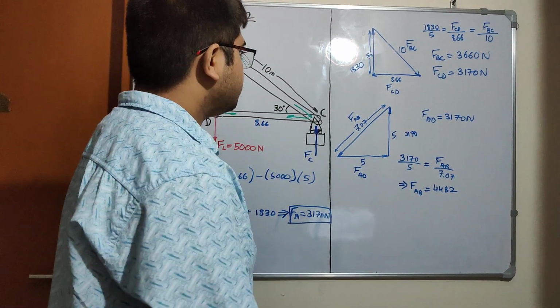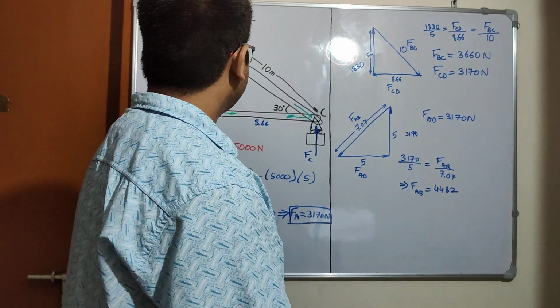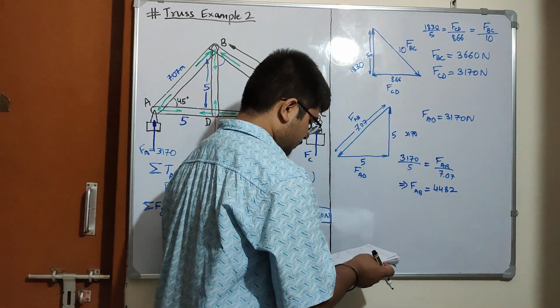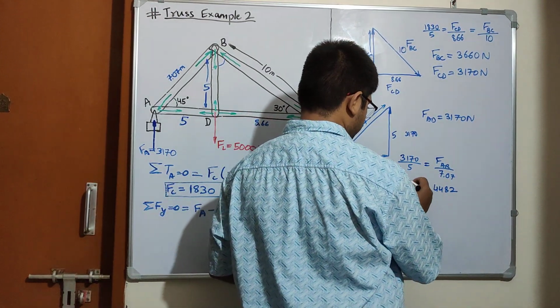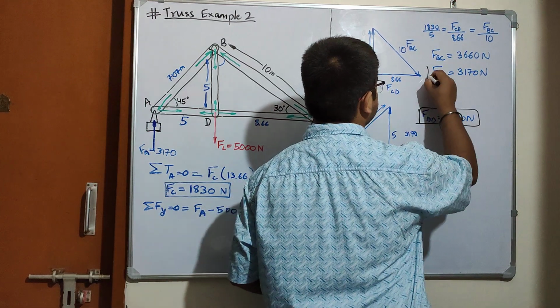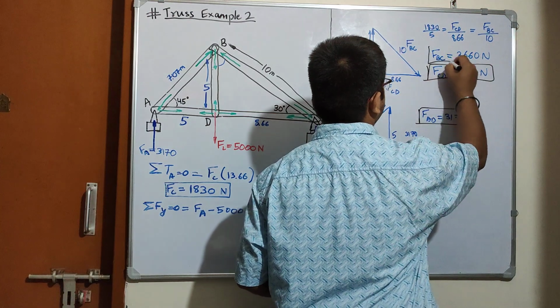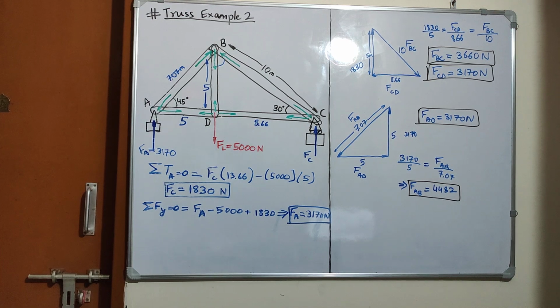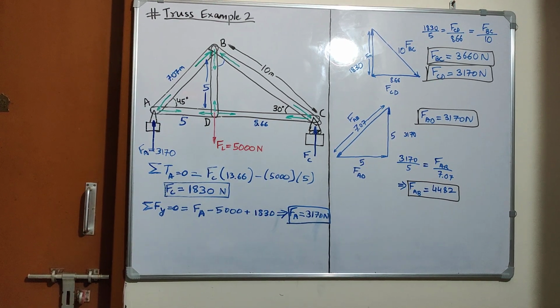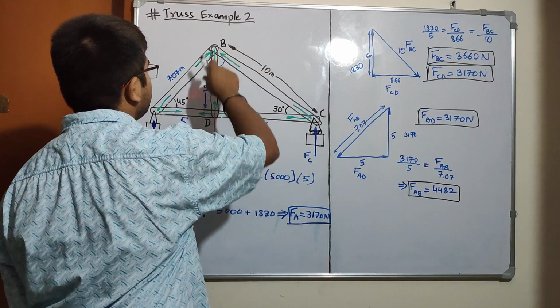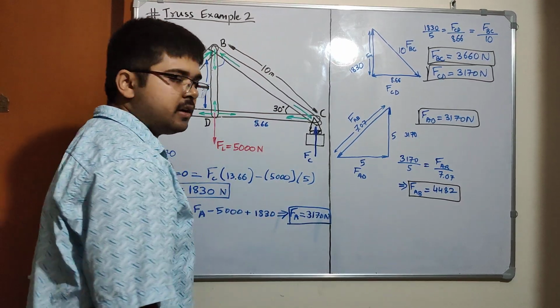So the values that we have found here are FAB, FAD, FCD, and FBC. And we are left with FBD.